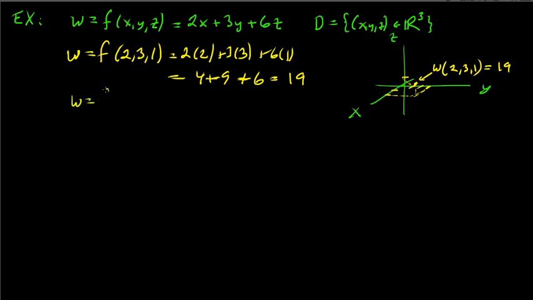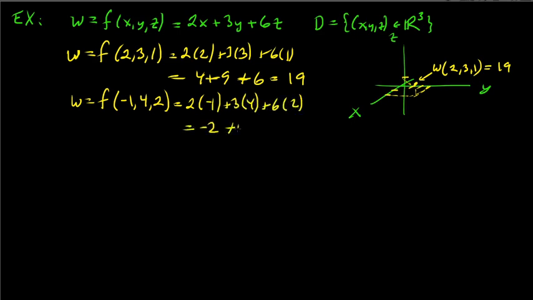If you pick a different point, let's say x is -1, y is 4, and z is 2, you get 2 times -1 plus 3 times 4 plus 6 times 2. So you get -2 plus 12 plus 12, so that's 22. Plugging in different points gives you different values.